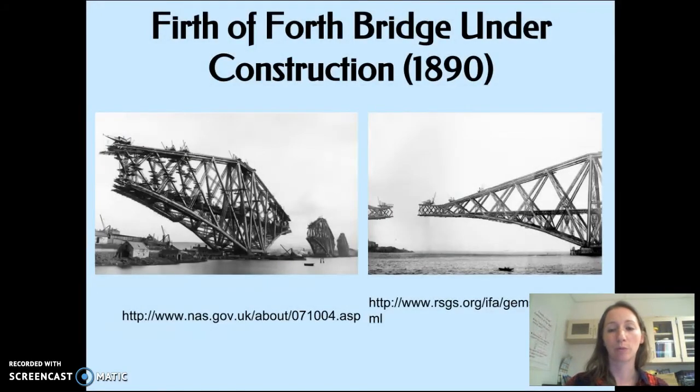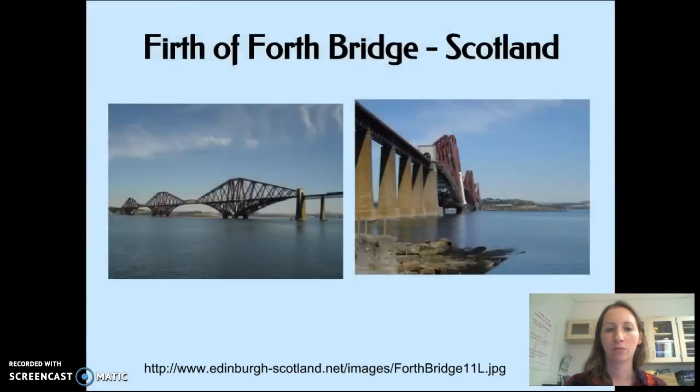You also might remember from the video we watched in class, the Firth of Forth Bridge. This word Firth is just another word that they use for a waterway, and it's the Forth Bridge. Constructed in 1890, this was really the first example of a cantilever. There's just some more pictures of it.